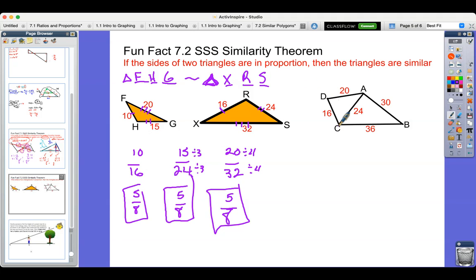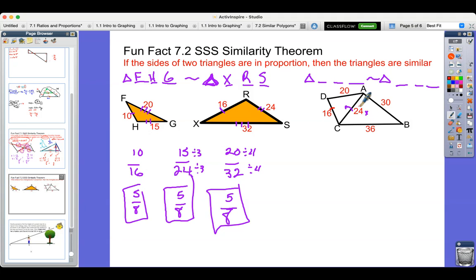All right, next one over here. Now these, they're sharing a side. So remember, this 24 belongs both to this triangle over here and the triangle it's in right here as well. So same thing, we're going to eventually say our similarity statement, similar to triangle blank, blank, blank. Let's match these up. We're going to do 16, and the small side over here is what, y'all?